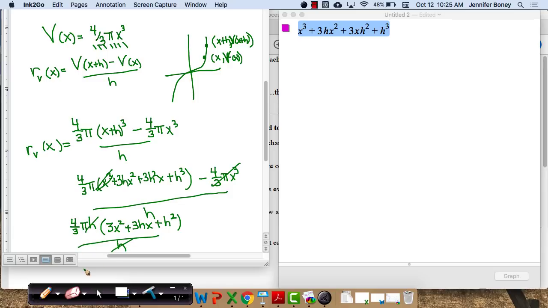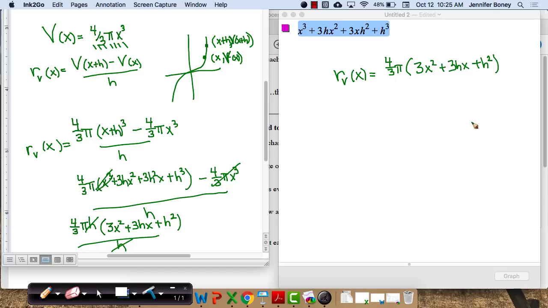So what I have by the time I'm done is, I'm going to write this over here, a more simplified form, r sub v of x, is, I've got 4/3 pi times 3x squared plus 3xh plus h squared. 3x squared, 3hx, and h squared.